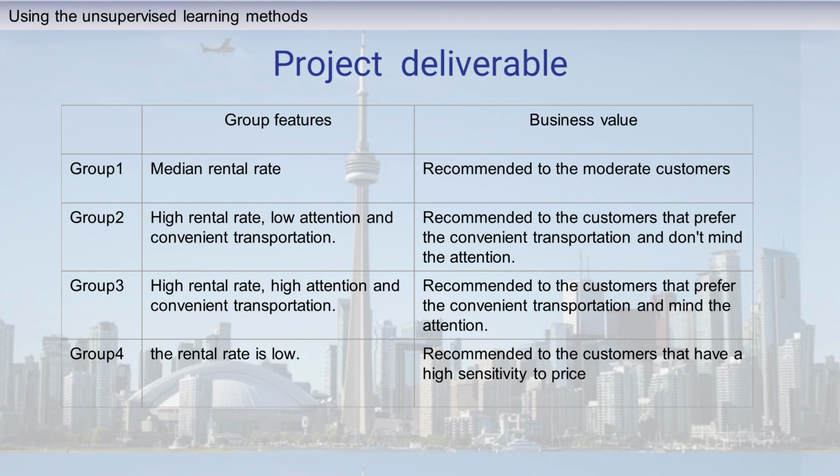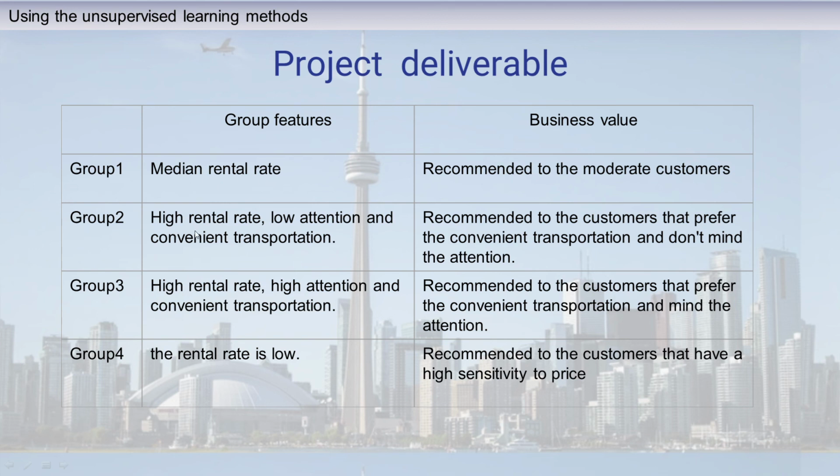Finally, let's classify all the groups' features. We can find that group 1's feature is a median rental rate.